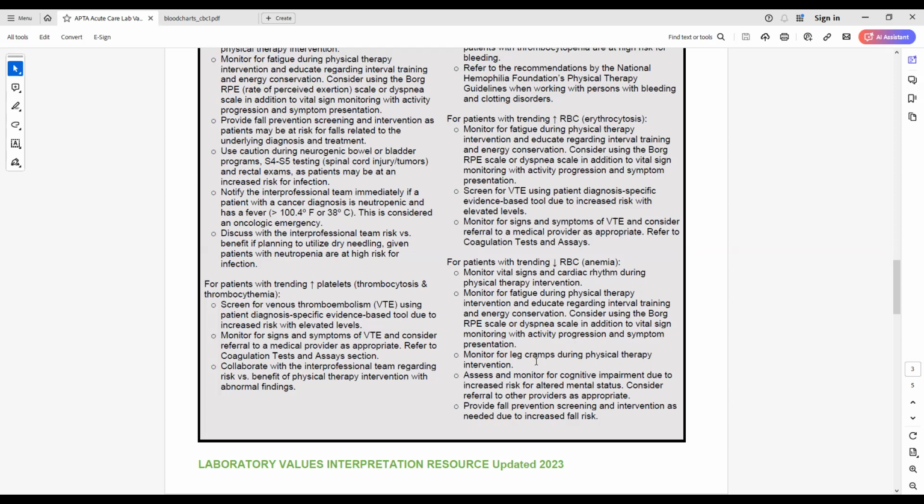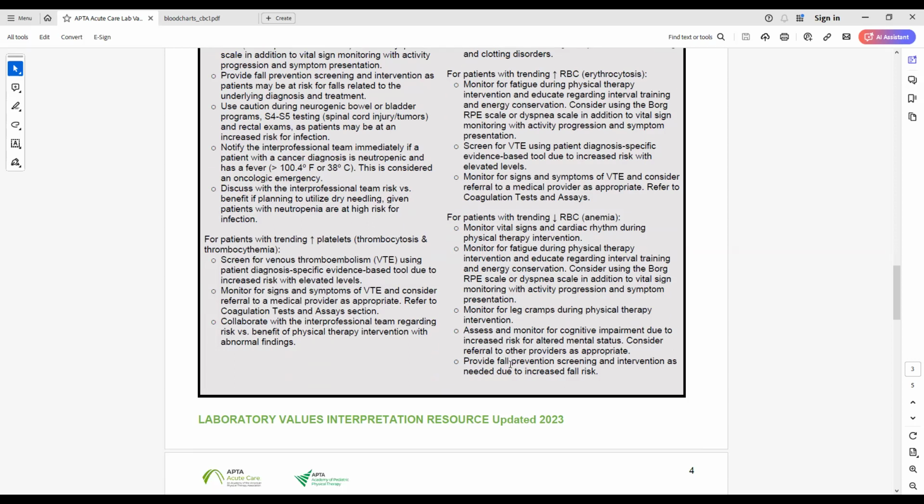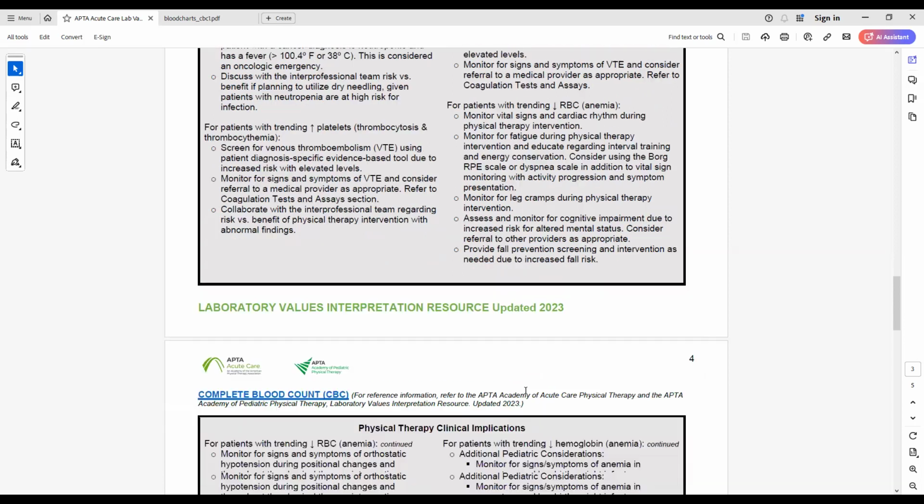Monitor for leg cramps during physical therapy intervention. Assess and monitor for cognitive impairment due to increased risk for altered mental status. Consider referral to other providers as appropriate. As appropriate, provide fall prevention screening and intervention as needed due to increased fall risk.